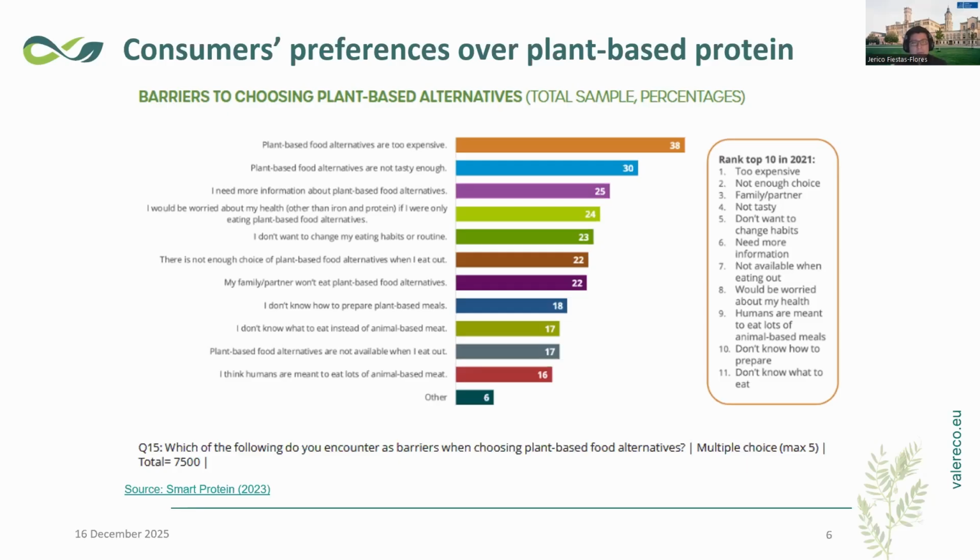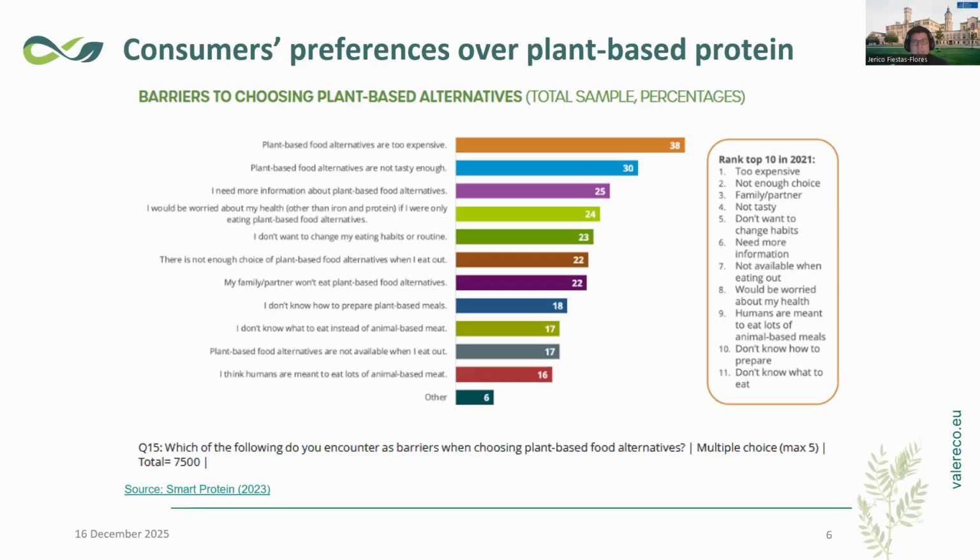But now this reason has gone down several positions, and now it's in 7th position overall, which means that plant-based alternatives are becoming more accepted, not only by those that consume them, but also by relatives and families, which is an important point, because the social environment where we consume our food also matters.